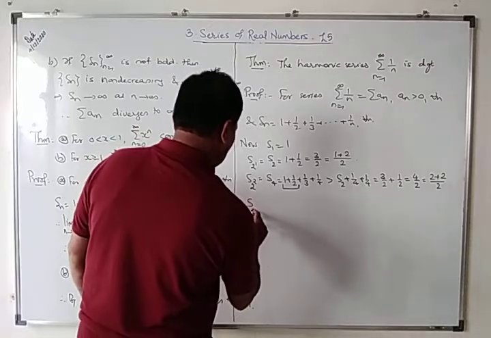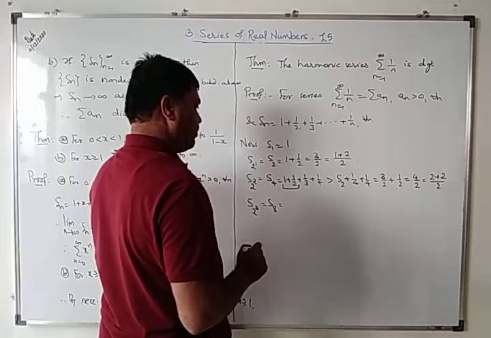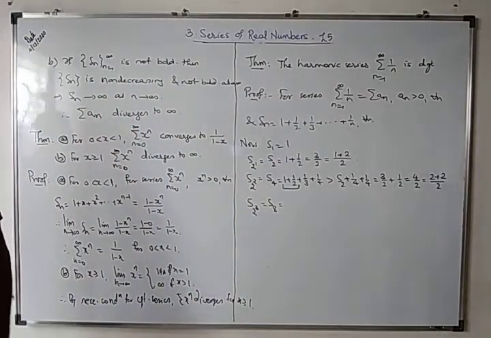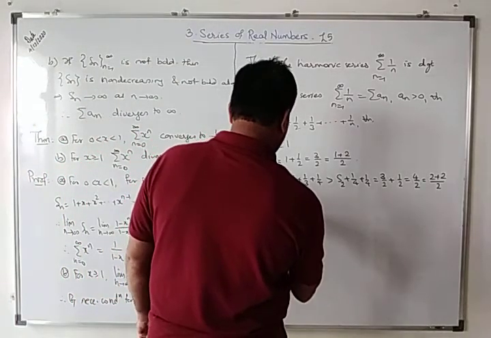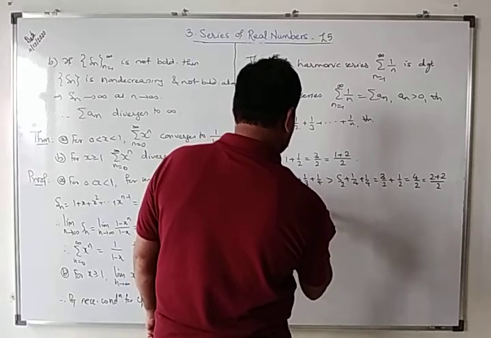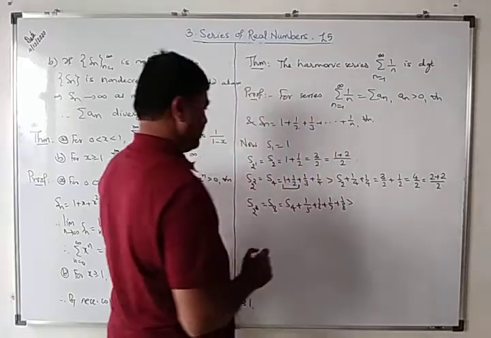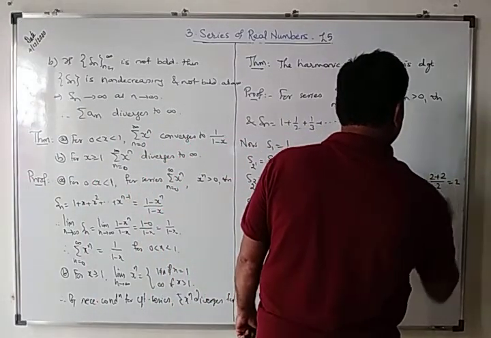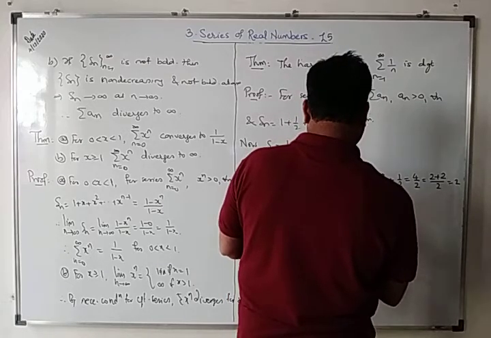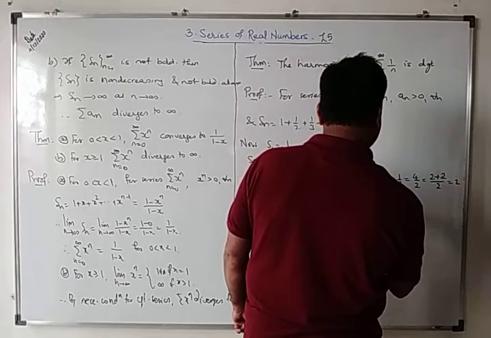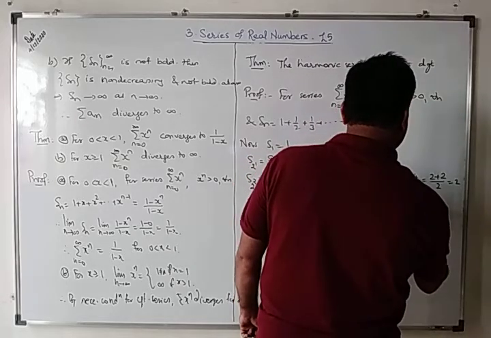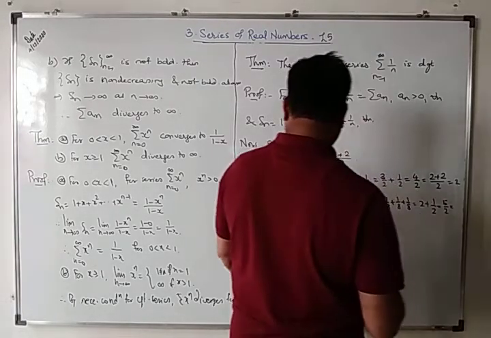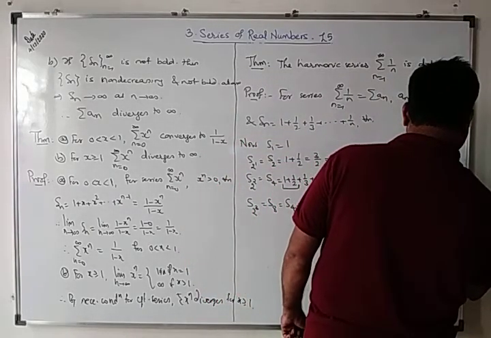If I take S8, S_(2 cube), S8 is equal to S4 plus 1 by 5 plus 1 by 6 plus 1 by 7 plus 1 by 8, which is greater than S4 plus 1 by 8 plus 1 by 8 plus 1 by 8 plus 1 by 8, which is nothing but 2 plus 4 by 8, that is half, which is 5 by 2, and this 5 by 2 is written as (3 plus 2) by 2.